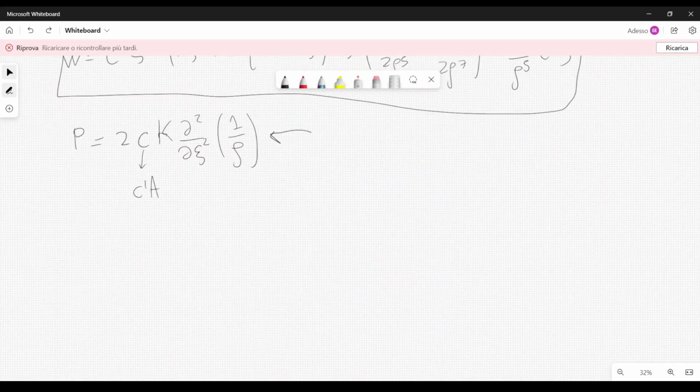But remember that we found this expression in the case u prime not equal to 0, v prime equal to 0, and w prime equal to 0.